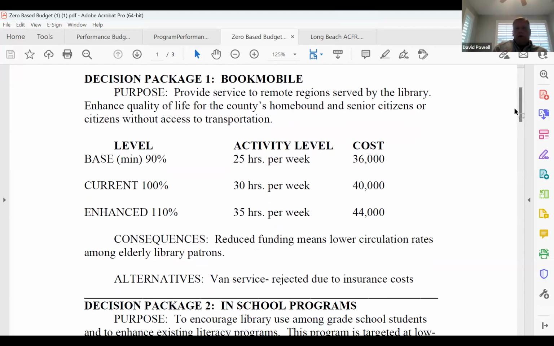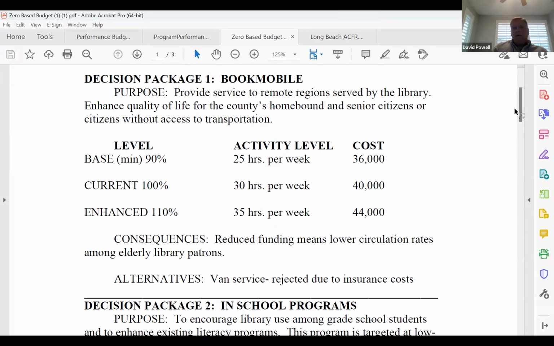So the first option is a base level of funding. Base level of funding would be to fund the bookmobile at 90% of what we funded the bookmobile at last year. If we funded it at 90% of what we funded it at last year, that means we'll be able to operate at 25 hours per week, and the associated cost will be $36,000.